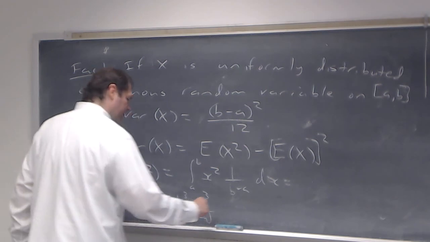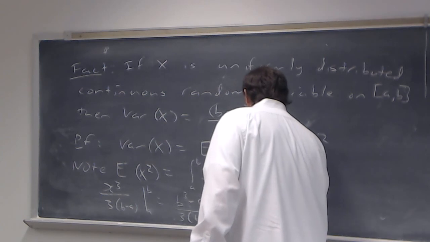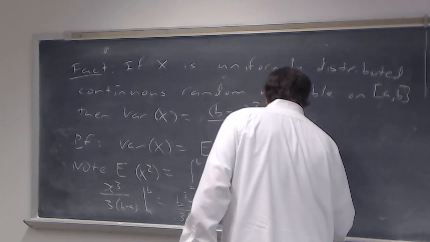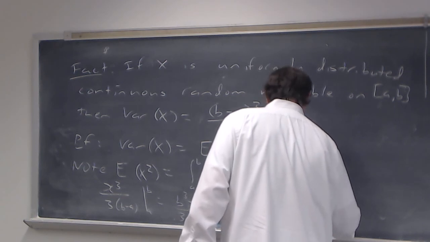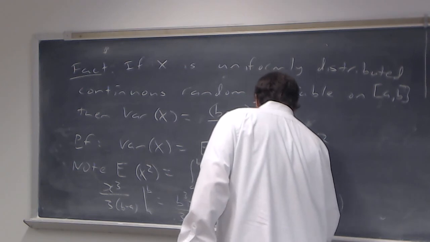Now it turns out the b cubed minus a cubed factors as (b minus a) times (b squared plus ab plus a squared) over 3 times (b minus a).